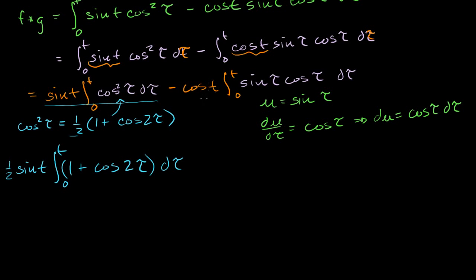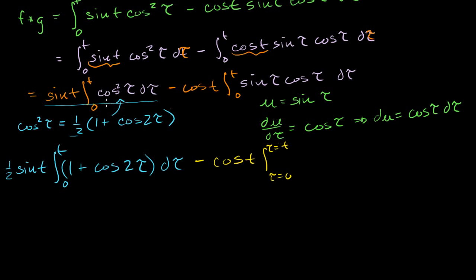And then we have this integral right here, minus cosine of t times the integral from, let me be very clear, tau is equal to 0 to tau is equal to t. And then this thing right here, I did some u substitution.